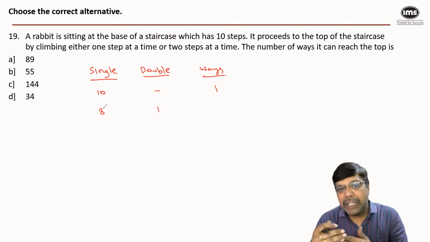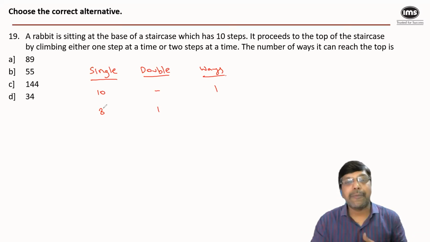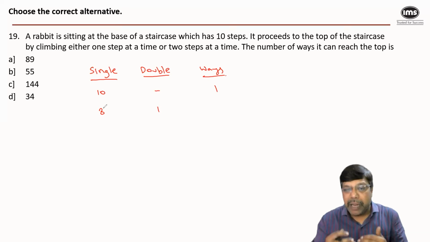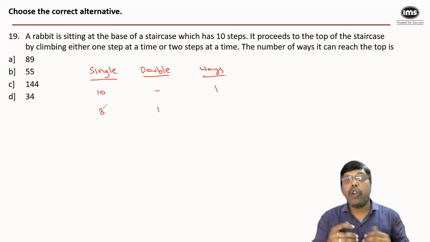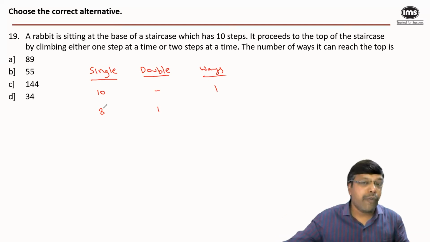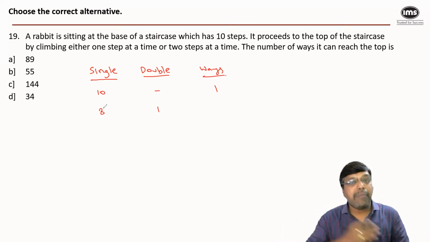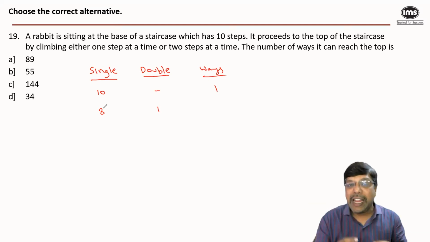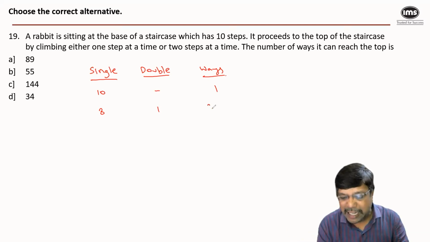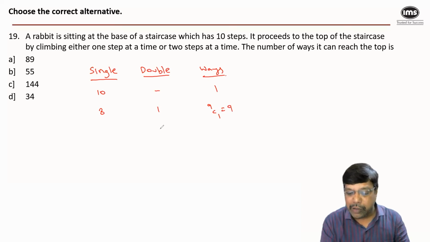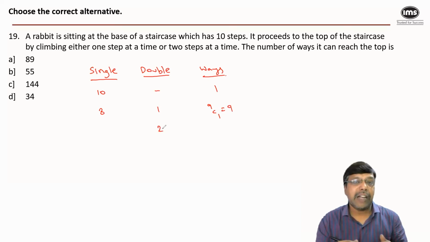So this double step that I am making once can be made at the beginning, somewhere in between, or at the end. So out of these 9 times I am moving, the double step can be anywhere. So the number of ways in which I can make a double step in 9 times is 9C1 ways, which is equal to 9.